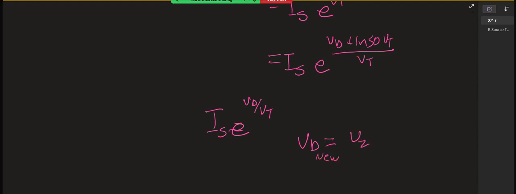So VD new is our original VD plus the natural log of 50 VT. And then you can plug in, and that gets you the numbers that you need. But I don't think he's going to give you one like this on the test. I haven't seen anything like this on this test.